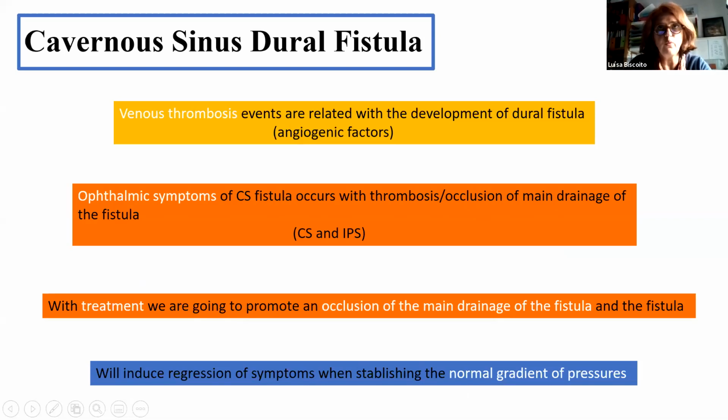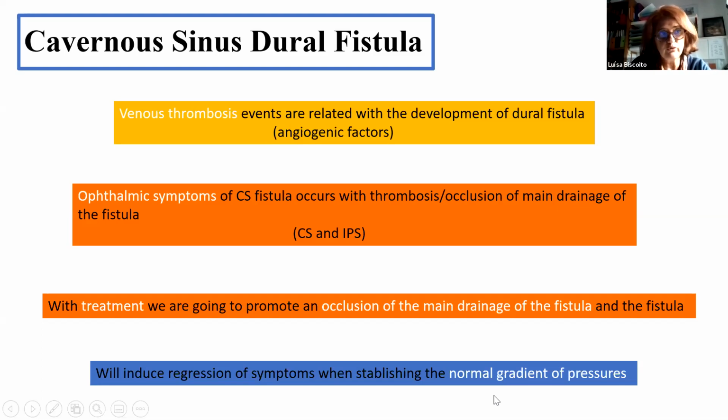So finally, we want to cut the high gradient of pressure and normalize the gradient of pressures. Not to become a normal venous anatomy, but to cut the high gradient of pressures.